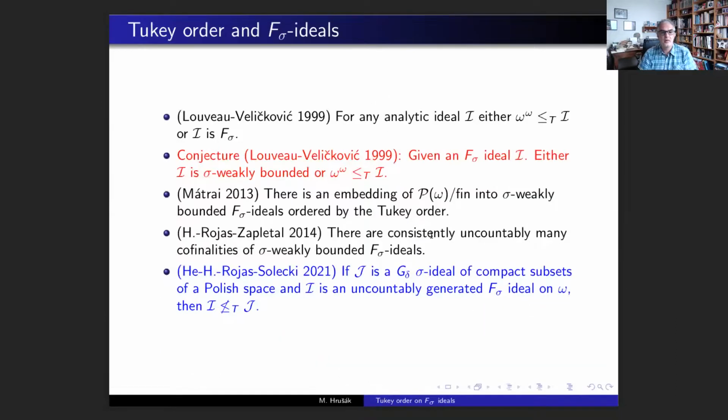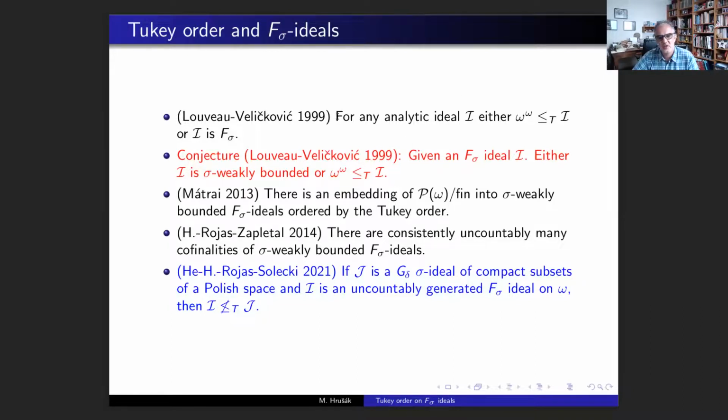All right, so really the study of Tukey order on F sigma ideals started with Louveau and Velickovic, who proved many things, so I'm going to be very selective about what I take away from their paper.